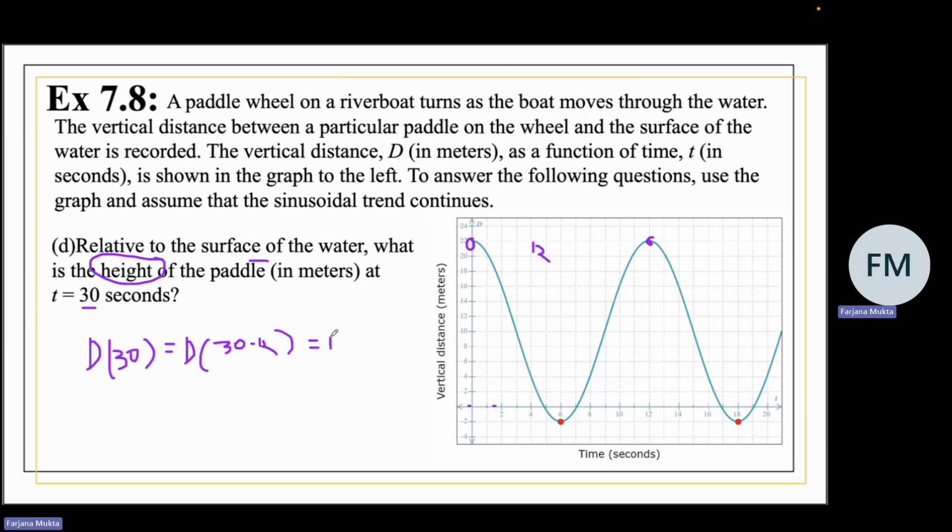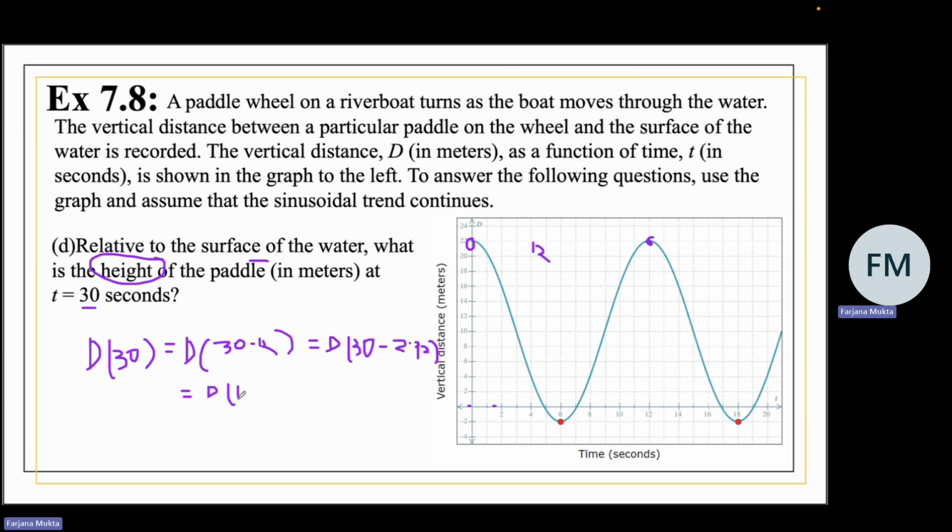So D30, my apology for the worst writing here, it's just not convenient. And multiple, 2 times 12. Sorry, I meant to write 12. Okay, so these are all going to be equivalent. All right, so here 30 subtract 12 is D18.